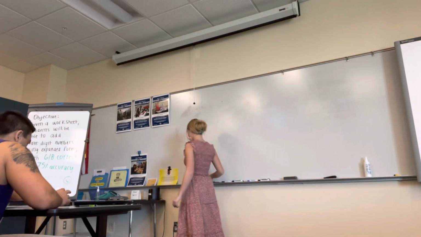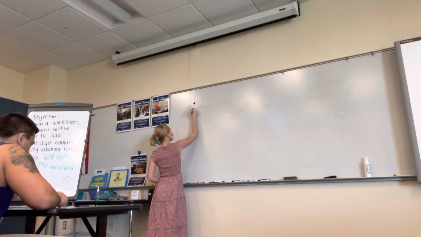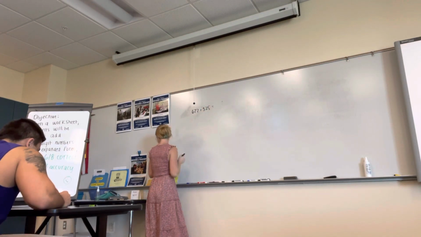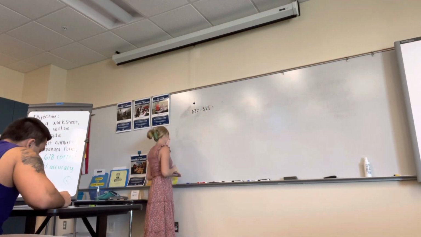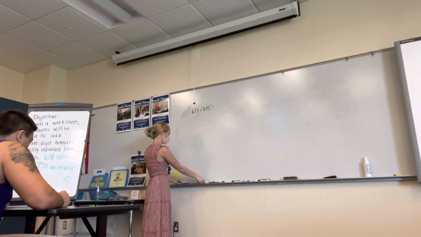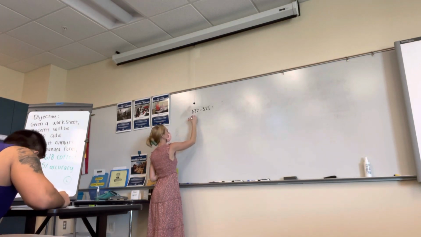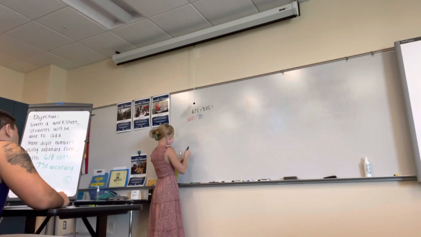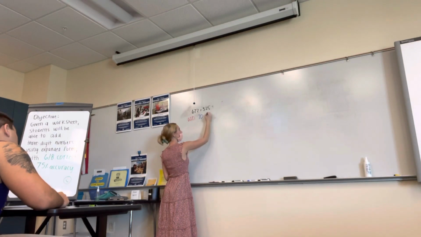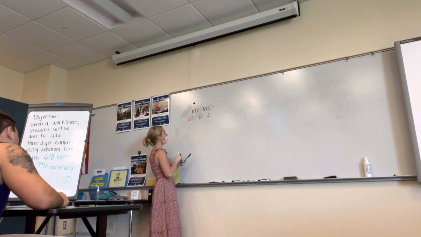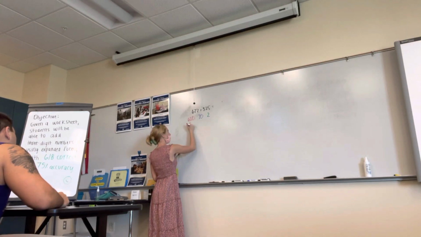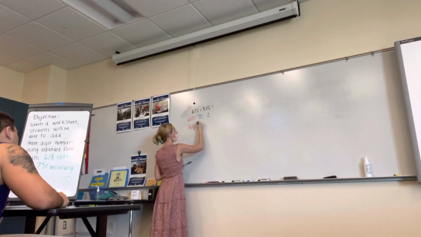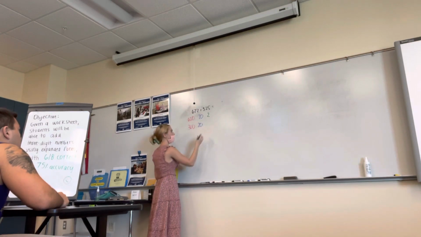What is our first problem? 672 plus 325. So this one actually has it broken down into expanded form for you. So you have 600, 70 and 2, plus 300, 20 and 5.